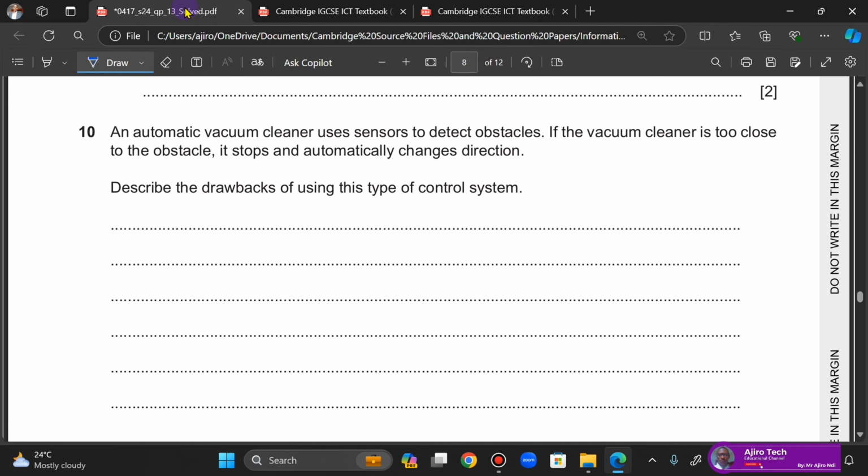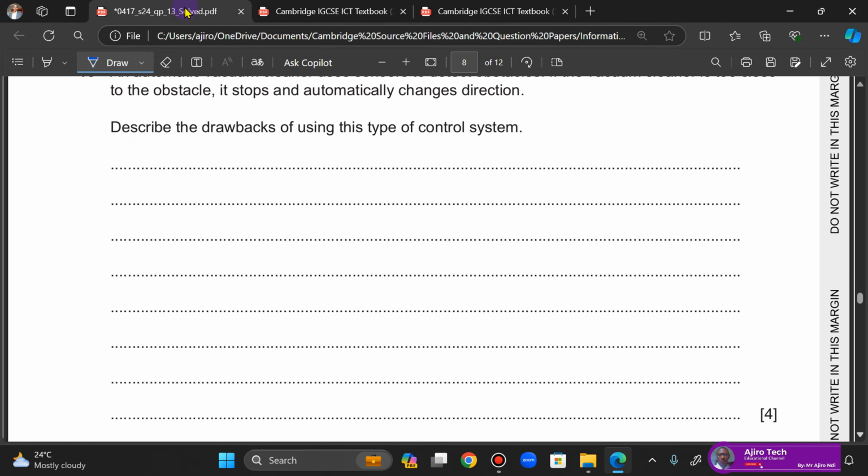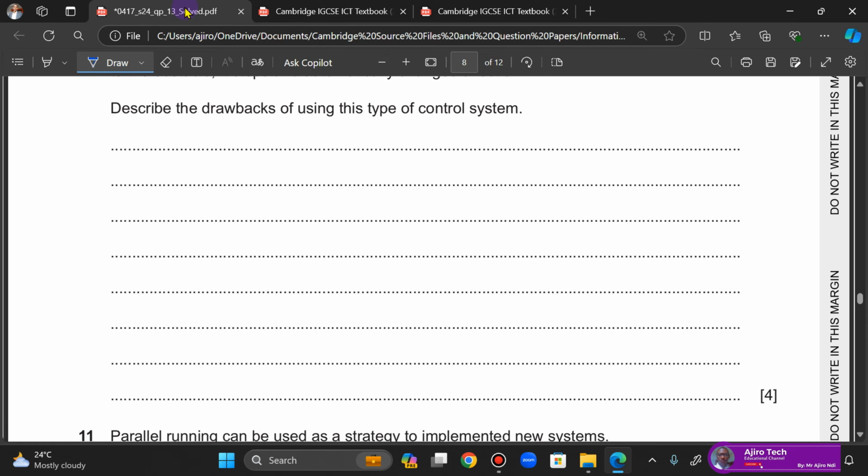So here is chapter 5, the effects of using IT. So describe the drawbacks of using this type of control.